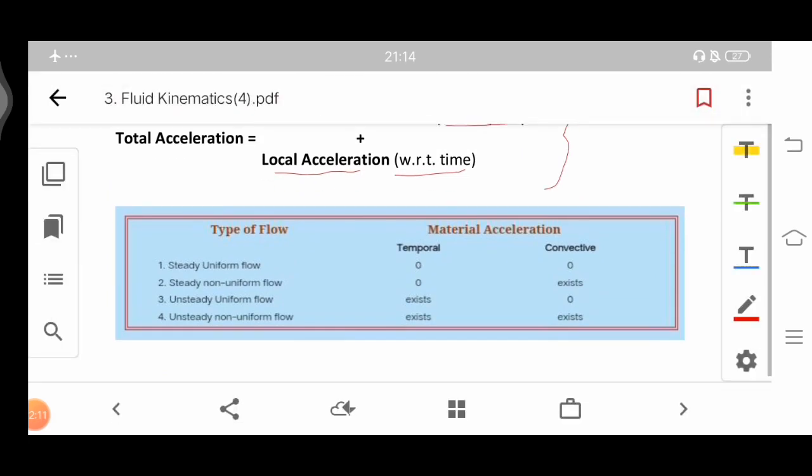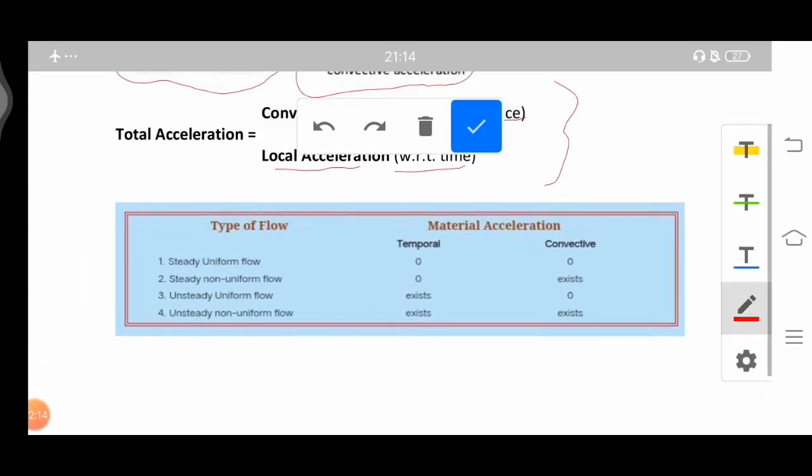So here's a chart. If we have a steady and uniform flow, the velocity won't be changing with respect to time and won't be changing with respect to space. Therefore both temporal and convective acceleration are 0. Steady non-uniform flow won't be changing with respect to time, but it does exist when it changes with respect to space.